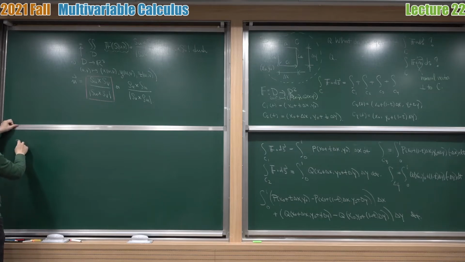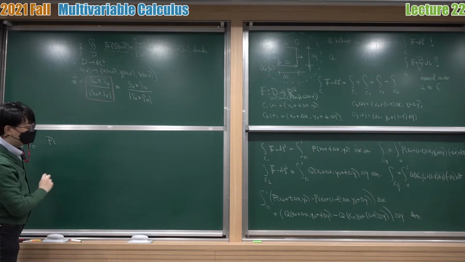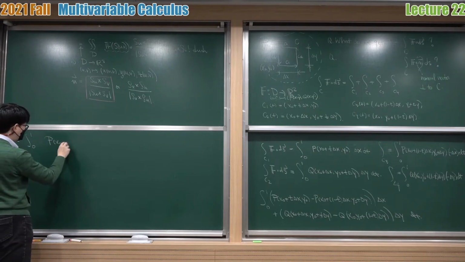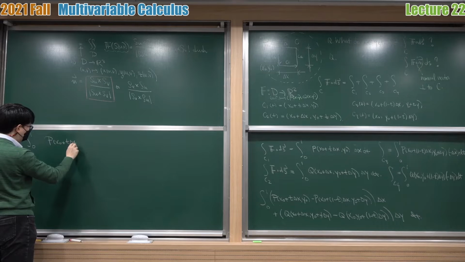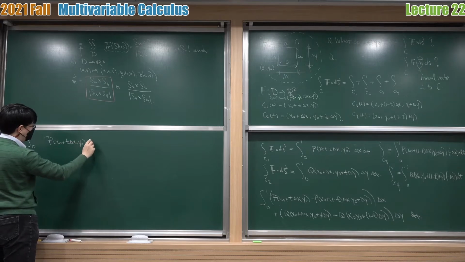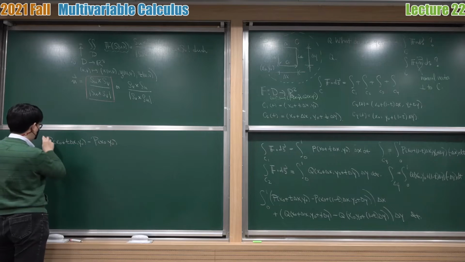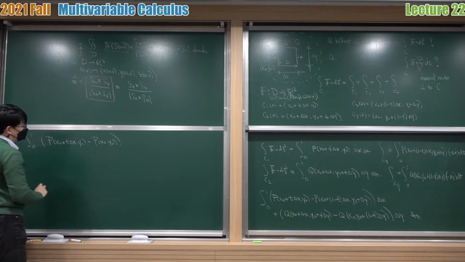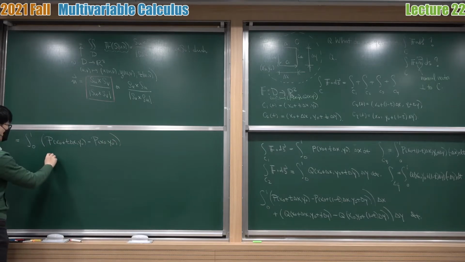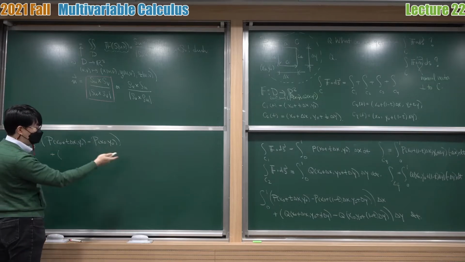So then that is equal to the integral from 0 to 1 of... there's no way to simplify these long expressions, so I can only write everything down here. So let's take out P(x0, y0) here, and then add P(x0, y0) again.